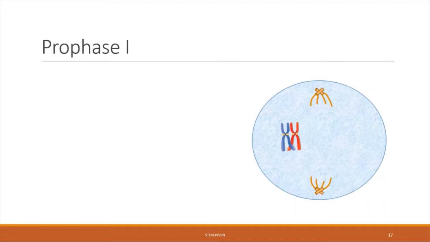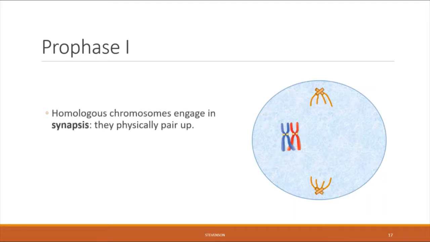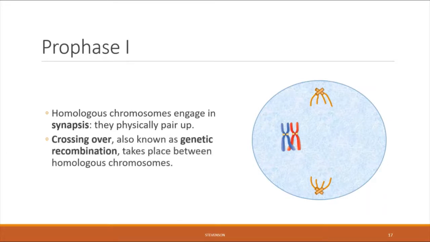So at the end of prophase I, the pairs of homologous chromosomes engage in synapsis, which means that they physically pair up with each other and stick to each other along their length. They engage in this crossing over phenomenon, which is also known as genetic recombination.